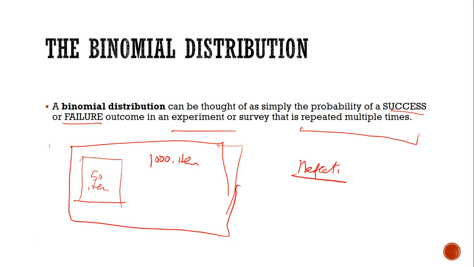It doesn't matter how you spin it around, whether you call a defect failure or a good one success, it's irrelevant. The key point is that applying it straight to business, I can only have two results, either success or failure. And we can attach some probability to success or failure, pretty much based on past history.